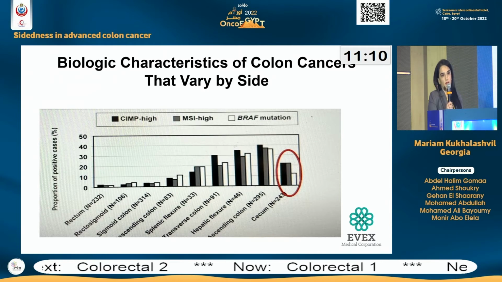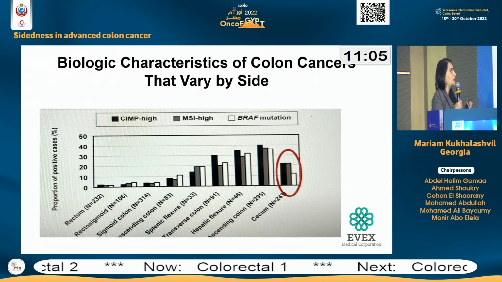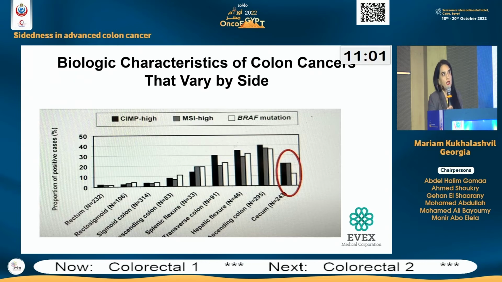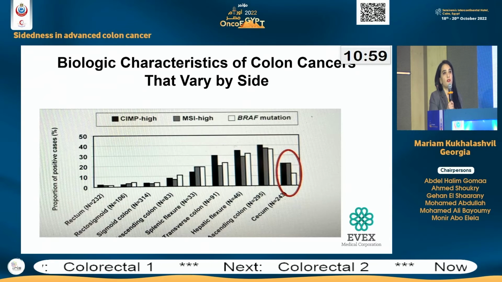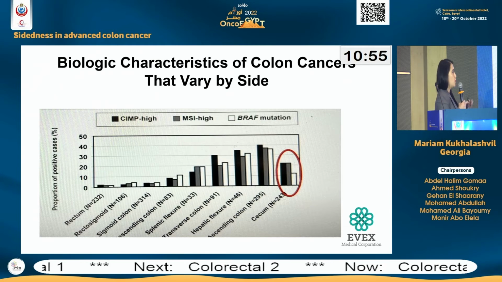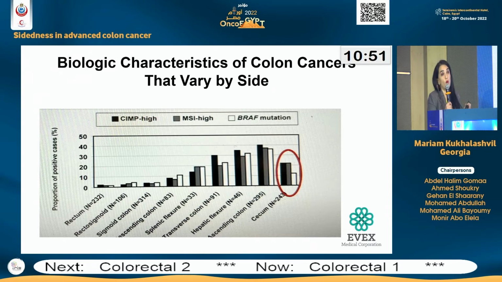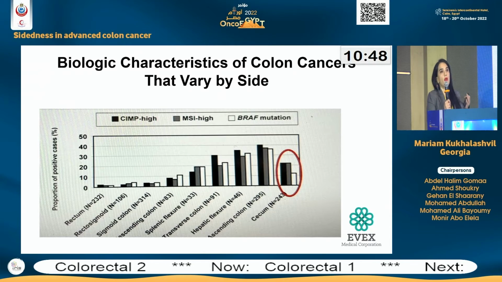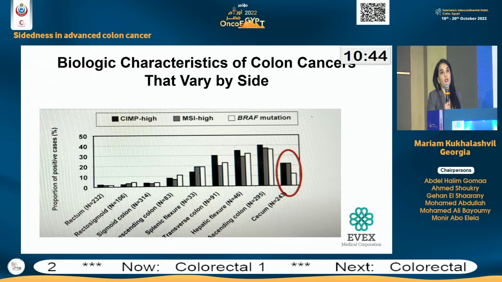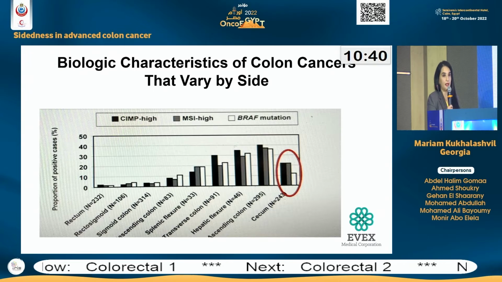Also, the clinical manifestation is different. In this part of the colon, we have less differentiated tumors, and this diagnosis, right-sided colorectal cancer, is common in females of older age, in contrast with left-sided colon, where mostly we have KRAS wild type, BRAF wild type, HER2 amplification, and this diagnosis, left-sided colorectal cancer, is more common in younger age.